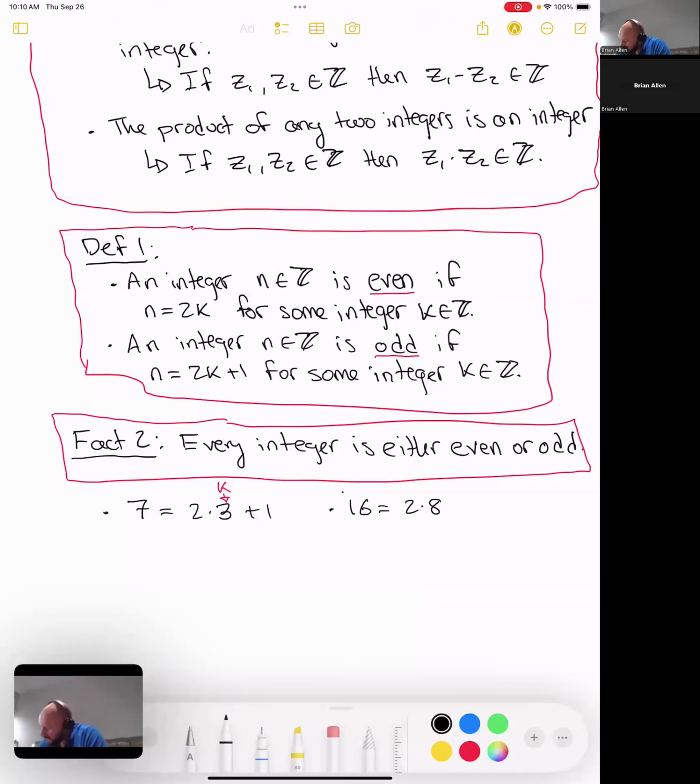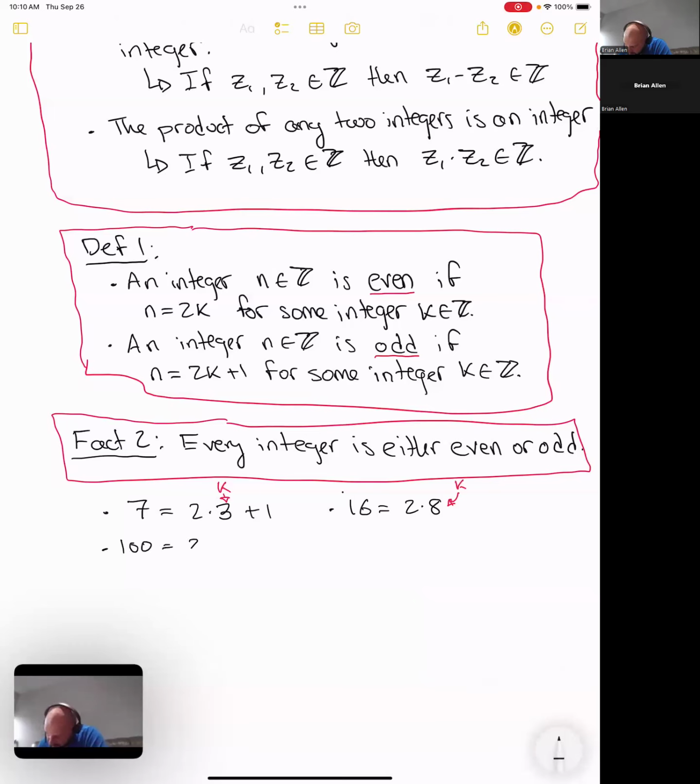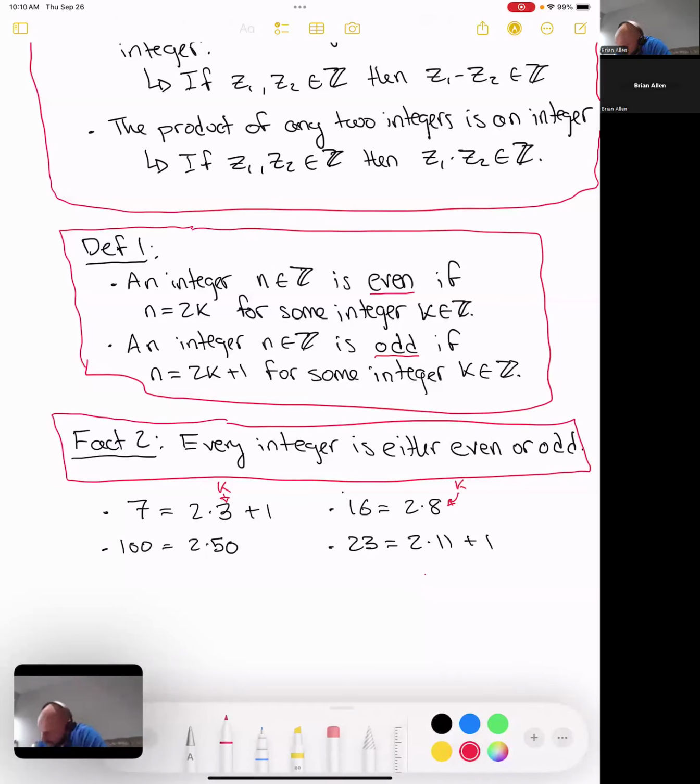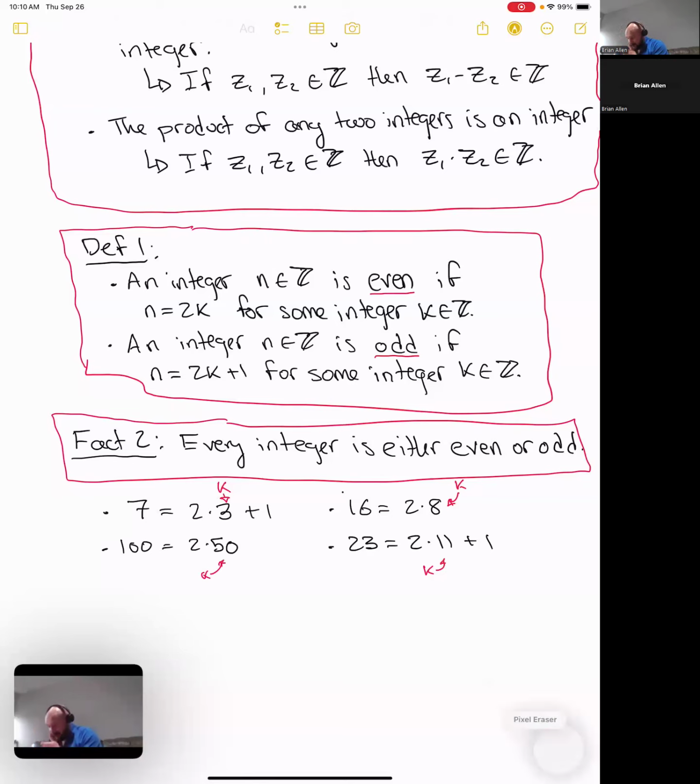So 8 is playing the role of k here. And if I look at 100, then we're getting 2 times 50. And if I look at 23, then we're looking at 2 times 11 to get me up to 22 plus 1. Okay, and so we can see who's playing the role of k in each of these examples.